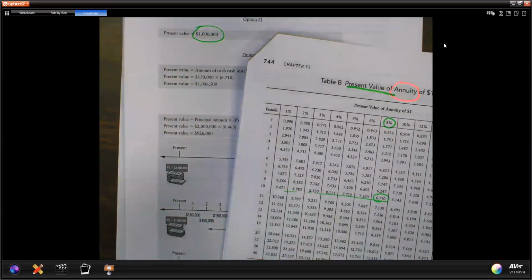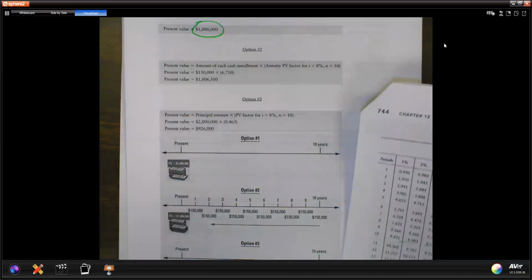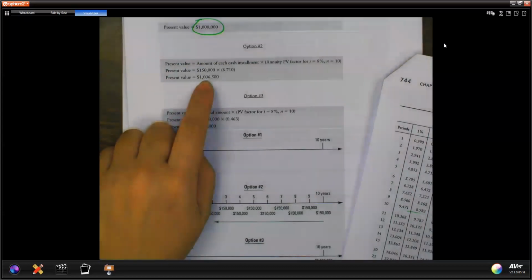So instead of waiting for 10 years, every year you get 150,000, it's the same as you get 1,006,500. They are the same amount of money.